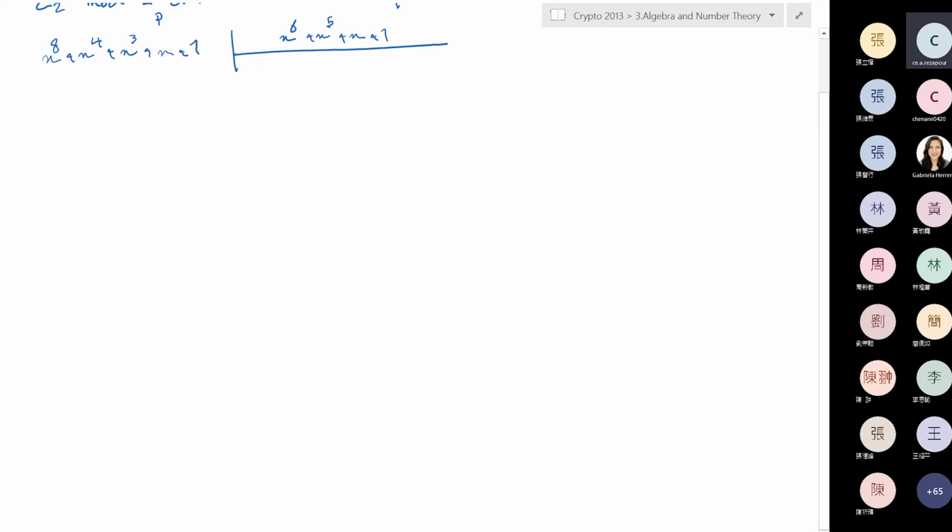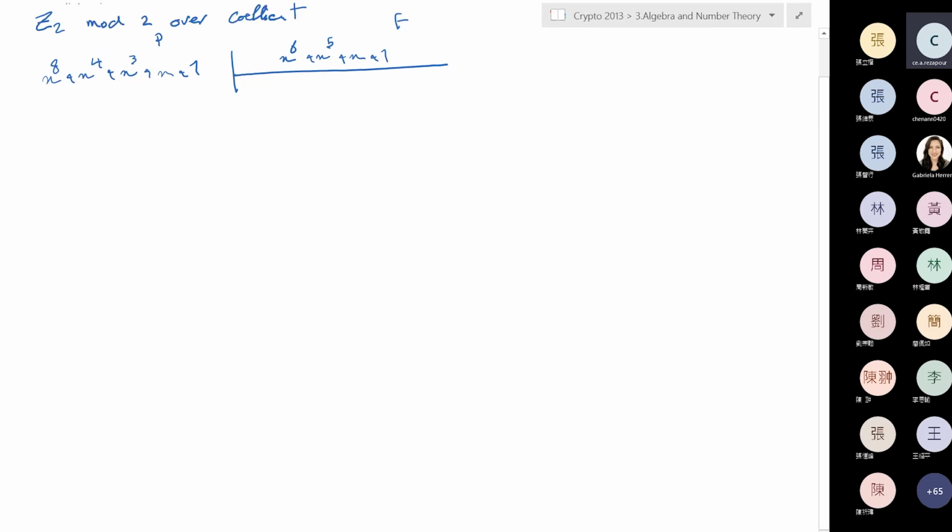Remember in high school, how do we do this math? We have to match the highest degree with the highest degree. We are missing 2, so we multiply by x^2. All of this, we get x^8 plus x^2 times x^5, which is x^7, plus x^2 times x, which is x^3, plus x^2.